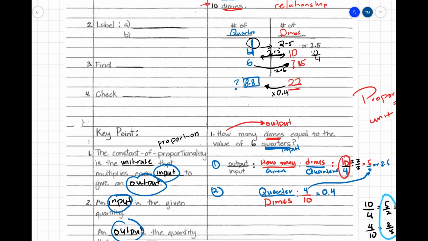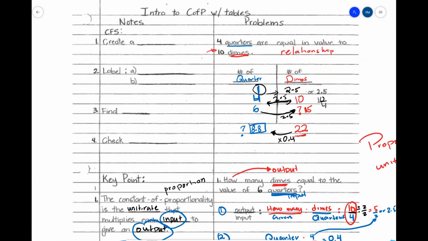Okay, so now let's go ahead and see what the criteria for success is. The criteria for success is what you're going to think about every time you deal with proportions. So what's the first thing that you do when you're dealing with a proportional relationship? You create a table, and then you label your two quantities. Here are my two quantities, quarters and dimes.